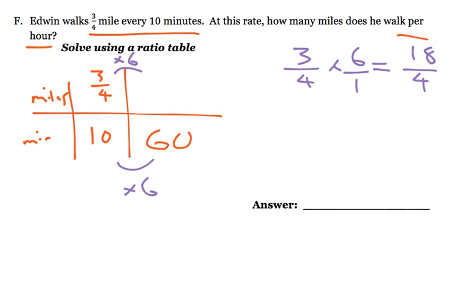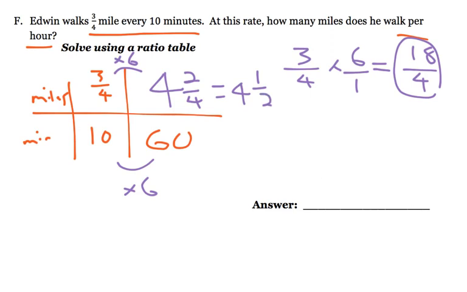Couple ways to finish it from here. You could think to yourself, 4 times 4 would be 16. So that means we're going to have 4 wholes in this number. And then we'd end up with 2 left over, which is 2/4. And that's the same as 4.5.